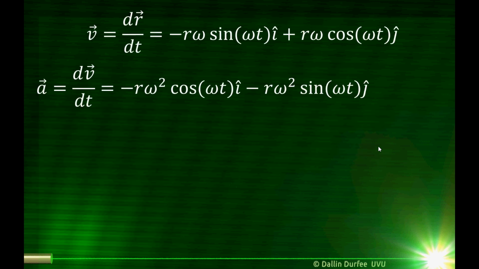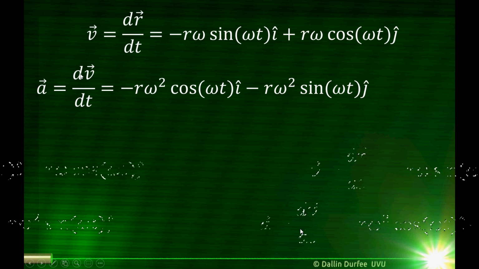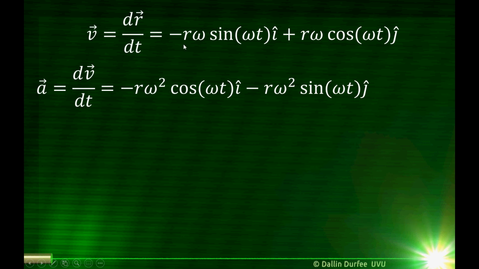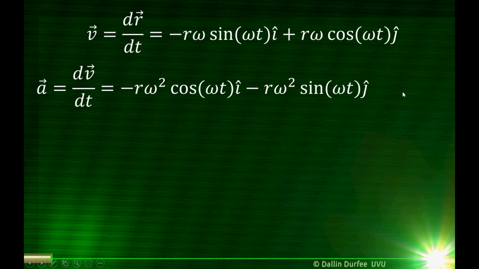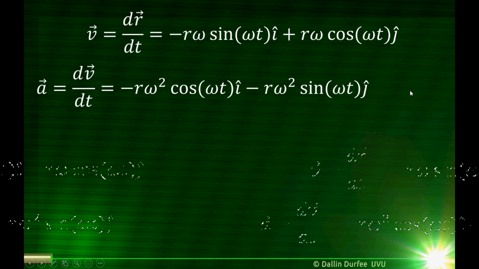Well, if I know the velocity, I can find the acceleration by taking the derivative of the velocity, right? And since our velocity is this, we take the derivative of this, we get out another omega, sine becomes cosine, bring out another omega, cosine becomes negative sine, and there's our acceleration. Notice that that is just negative omega squared times r, right?